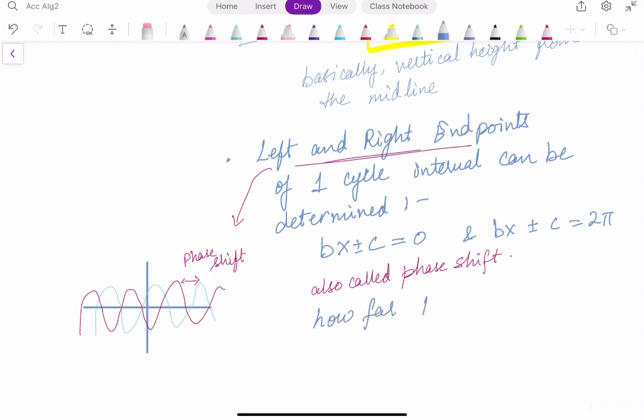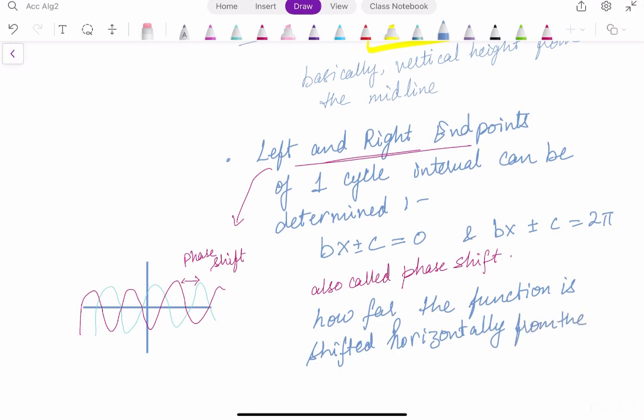So basically they are saying how far the function is shifted horizontally, right? Because there is a shift from the usual position.